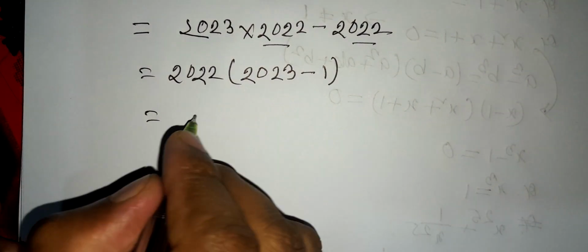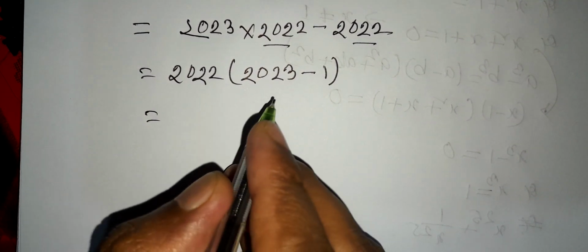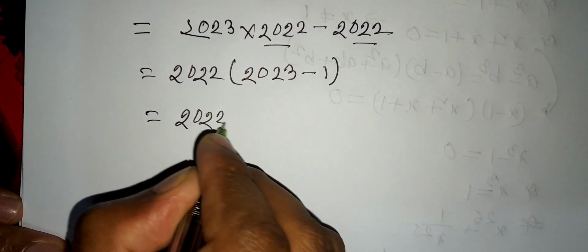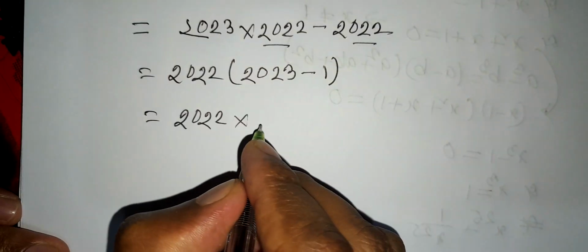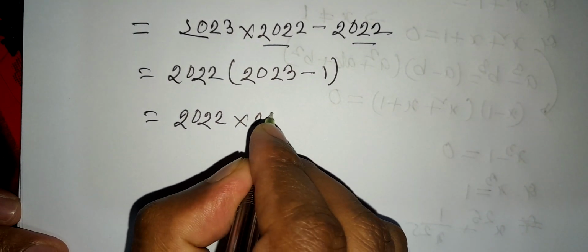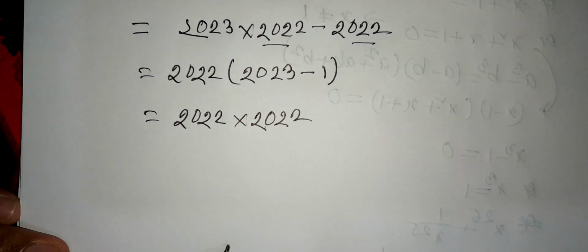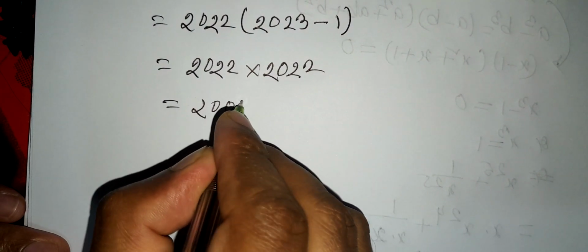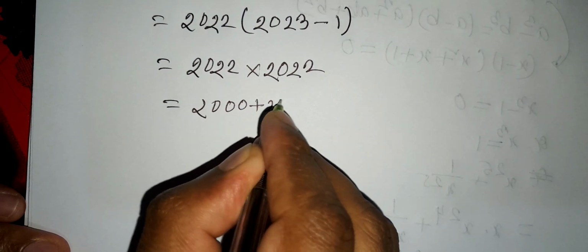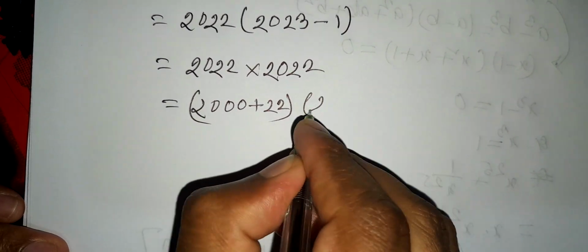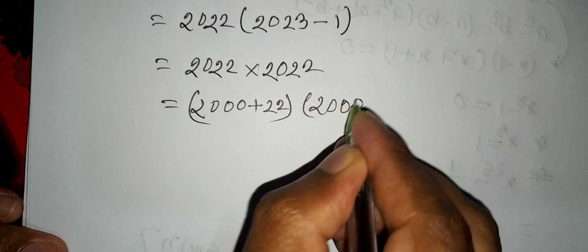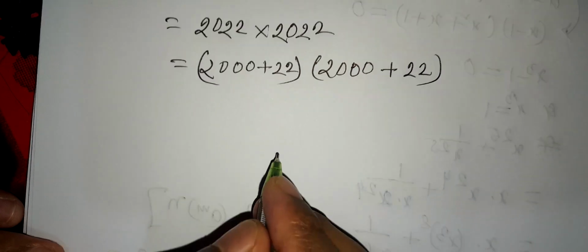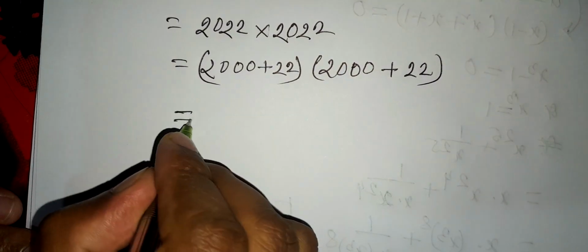We subtract: 2023 minus 1 is equal to 2022. So we can write 2022 times 2022, which is (2000 plus 22) times (2000 plus 22).